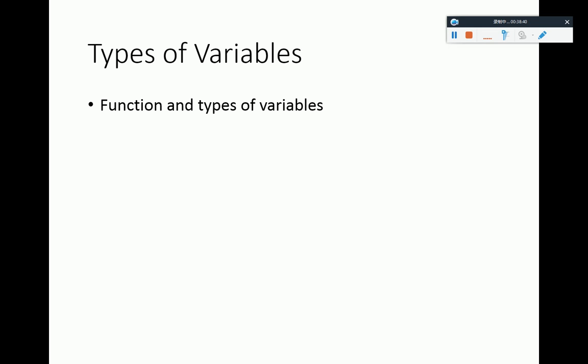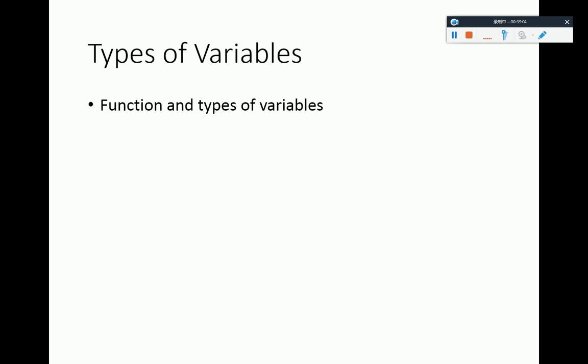All right, so just now we talked about variables in terms of their values and how we have different types of variables depending on what values they take. Now let's talk about different types of variables depending on their function. Function simply means use, right?